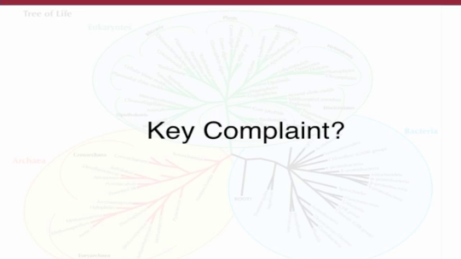You're saying that they don't really take into account the differences, like abundances. Yeah.